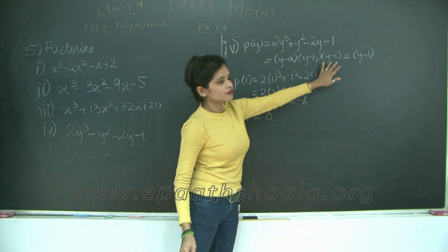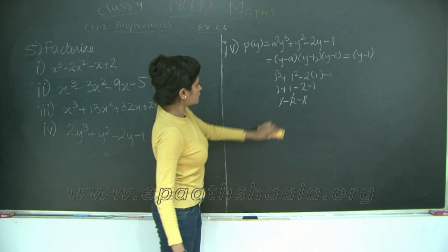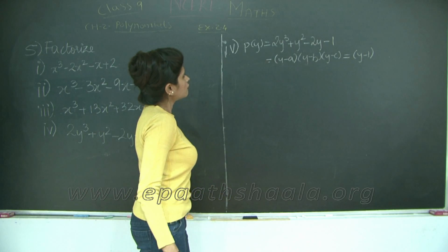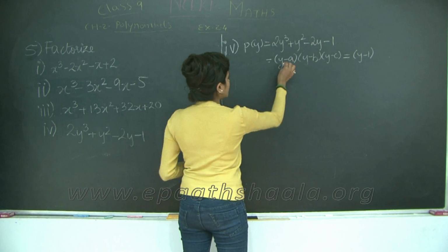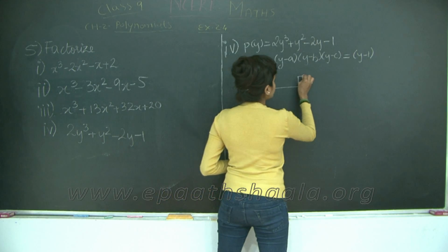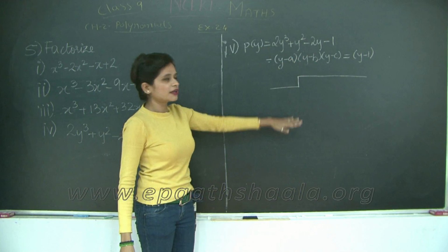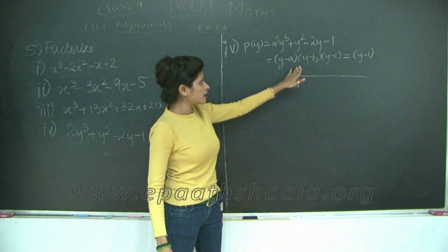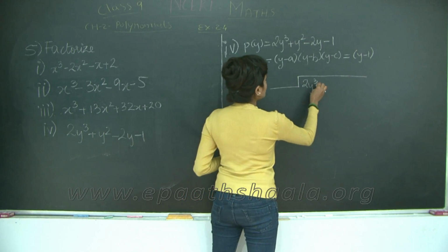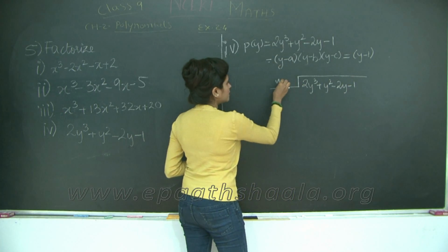Now we need to find the other two factors, which we will get by using the long division method. Now y minus 1 is a factor of this polynomial, therefore the remainder is going to be 0. We need the quotient so that we can find these two other factors, right? So my dividend 2y cube plus y square minus 2y minus 1 divided by y minus 1.